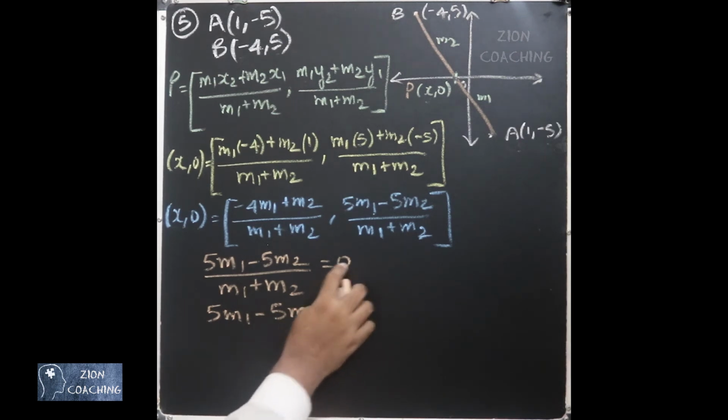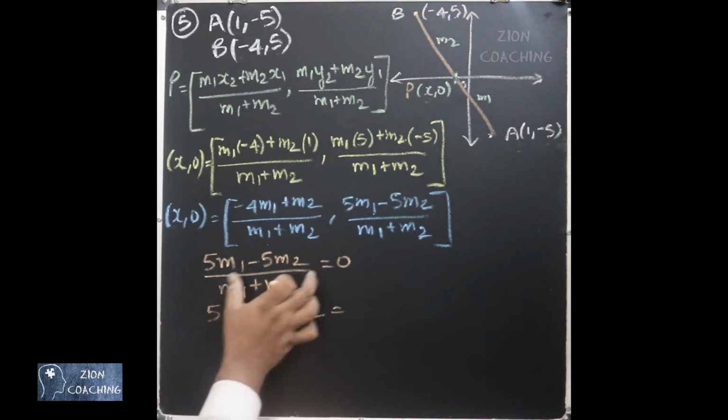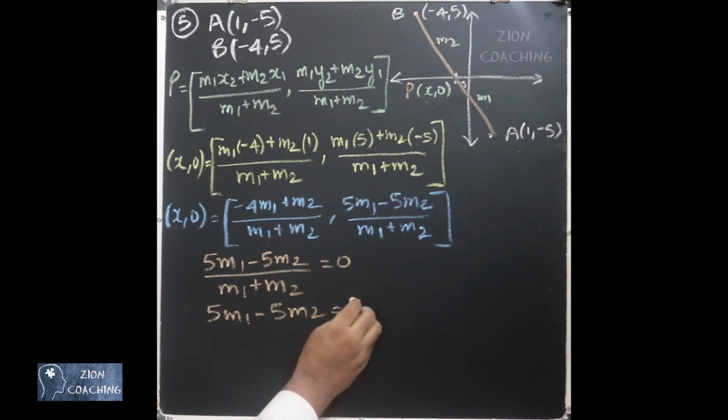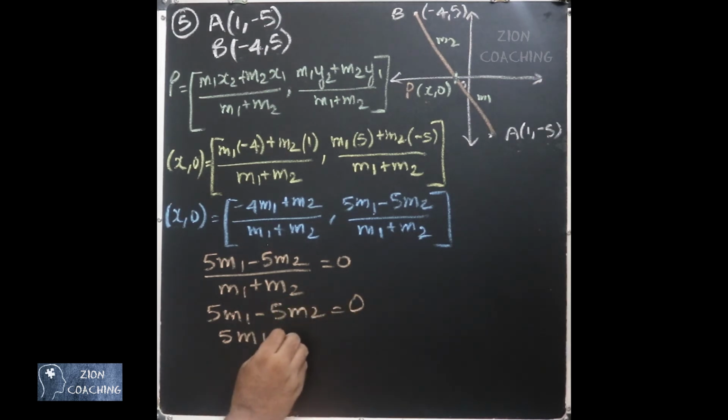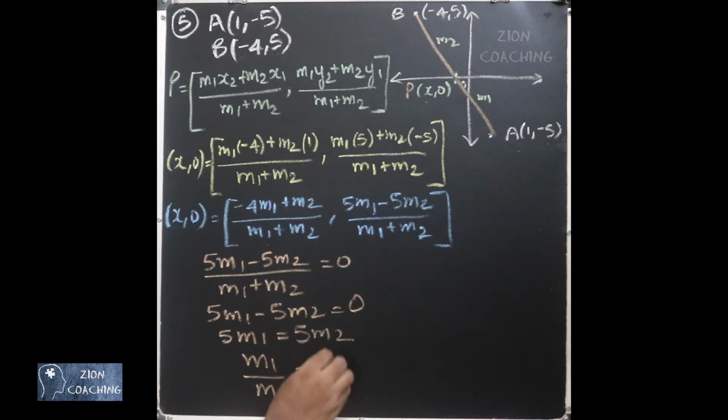Anything multiplied with 0 is 0 only. So when m1 plus m2 got multiplied with 0, it became 0 there. Then for 5m1 minus 5m2 equal to 0, taking the minus 5m2 to the other side, you add plus 5m2. Now bring that m2 to this side and take 5 to that side. So m1 by m2 is equal to 5 divided by 5, that is 1 by 1.